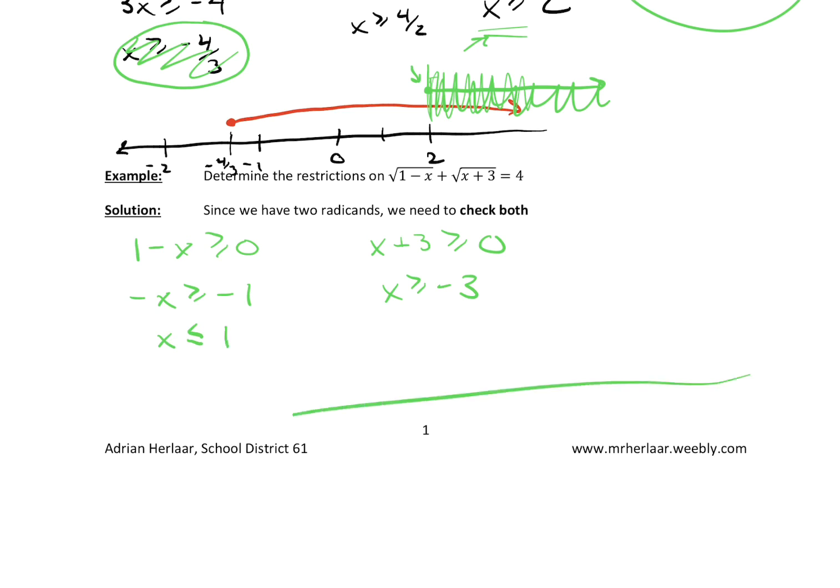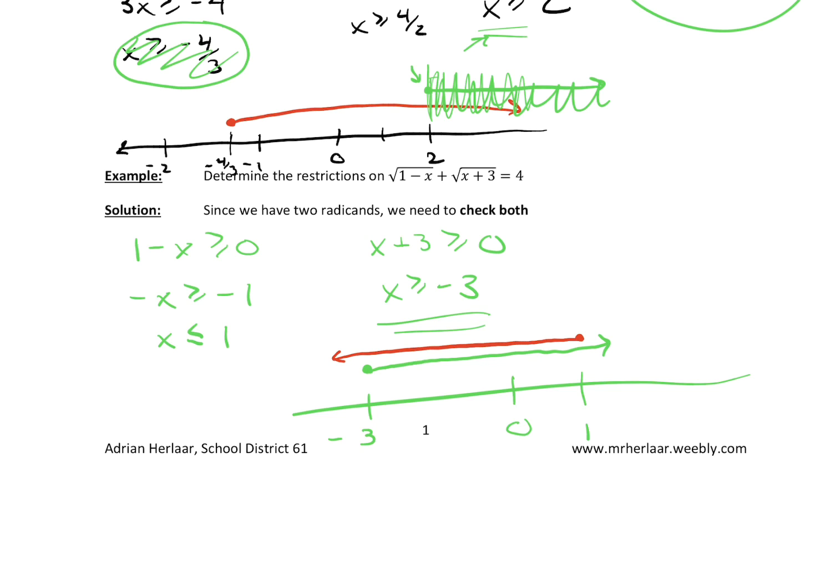So now on my number line here, I got positive 1. I got negative 3. I got 0. For this one here, x has to be greater than or equal to negative 3, going this way. For this one, x has to be less than or equal to 1. So I'm going this way.